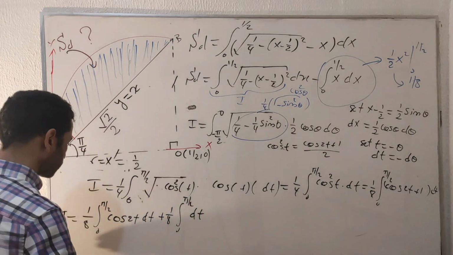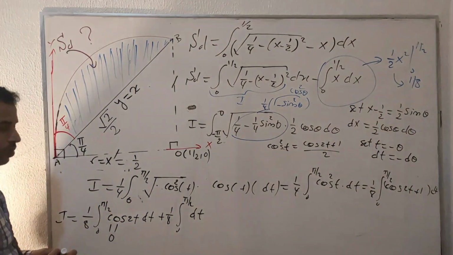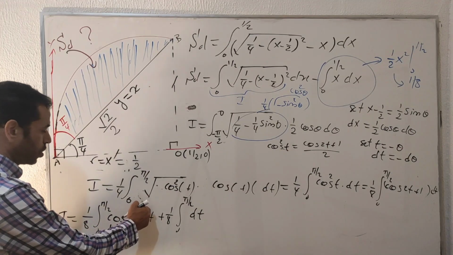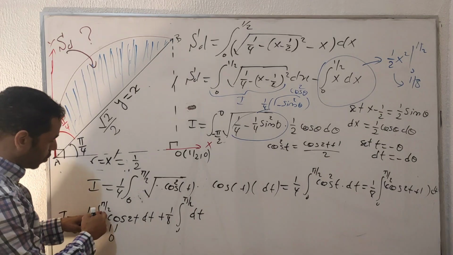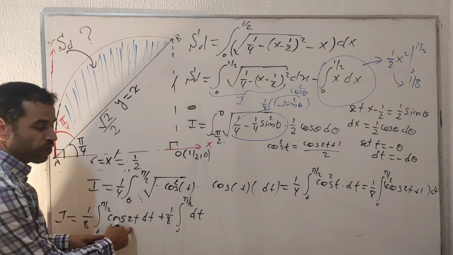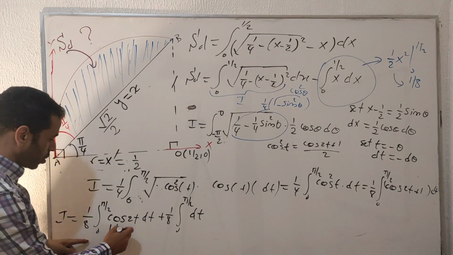This first one is 0, because the primitive of cosine 2t is half sine 2t. Replacing t with pi over 2, I get pi over 2 multiplied by 2, which is pi. Sine of pi is 0 and sine of 0 is 0, so the whole thing equals 0.